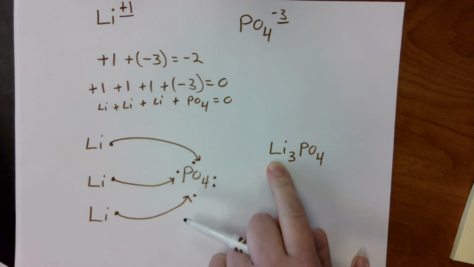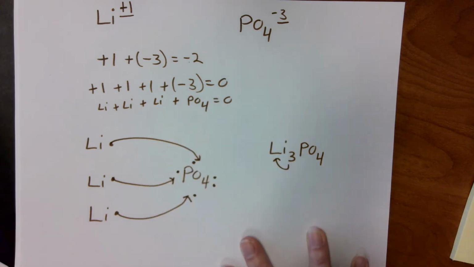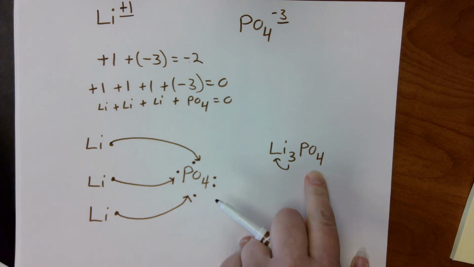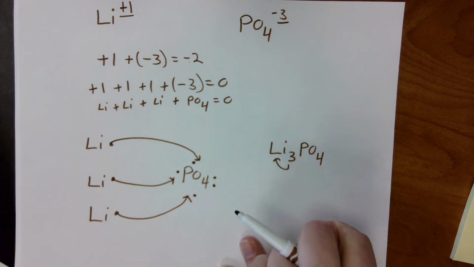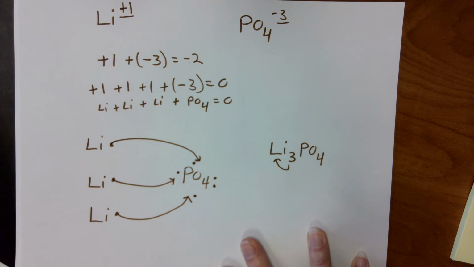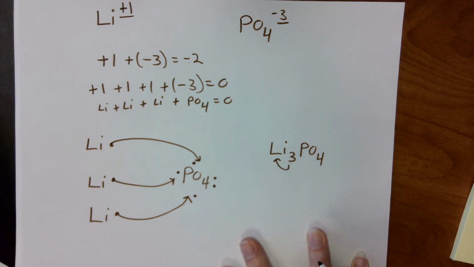Lithium doesn't need parentheses because we already know that this 3 is just going to this element. If I had multiple PO4s, multiple phosphates, I would have to put parentheses around it. But since I don't in this case, I only put it down after the lithium. Okay?